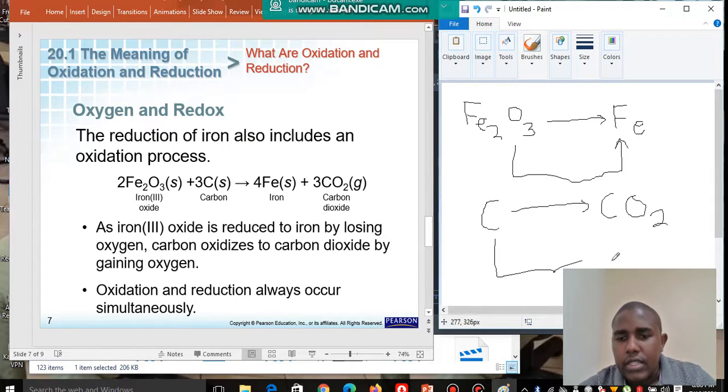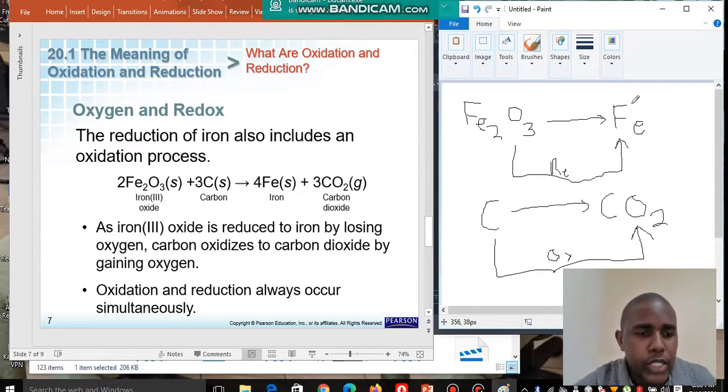As you can see, there is an addition of oxygen to carbon to form carbon dioxide, and the addition of oxygen is called oxidation, and this is the reduction reaction, when iron oxide was converted to iron metal. A point to note is that whenever reduction occurs, oxidation also takes place. They occur at the same time.